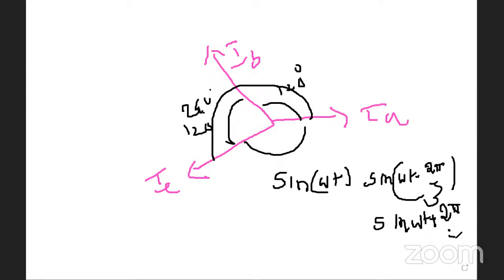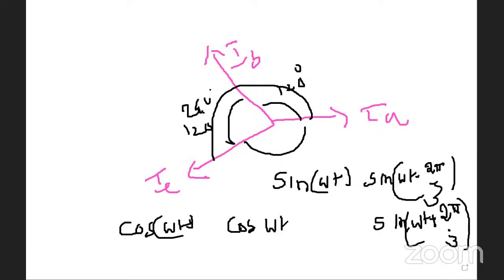This is one row. Then cos omega t, cos omega t minus 2 pi by 3, and similarly cos omega t plus 2 pi by 3.